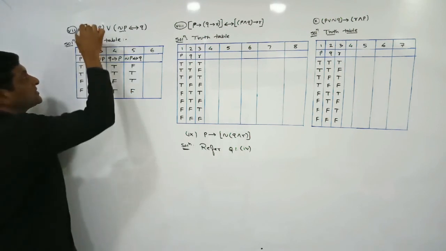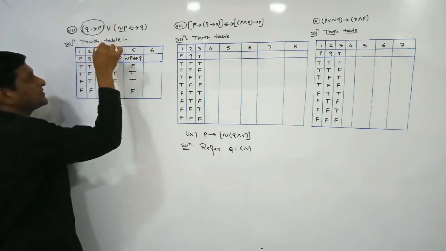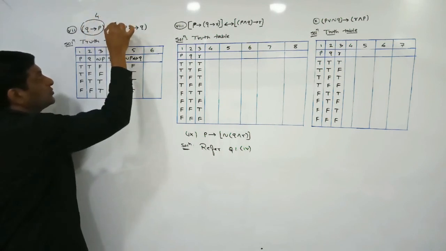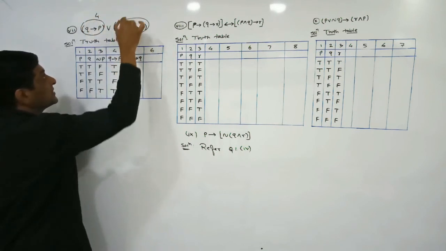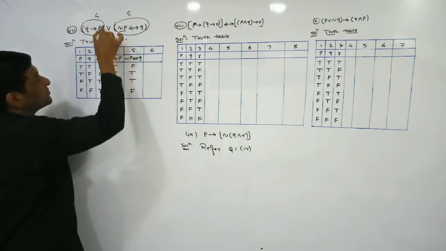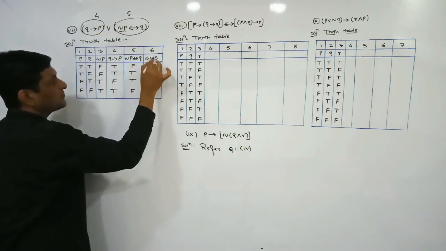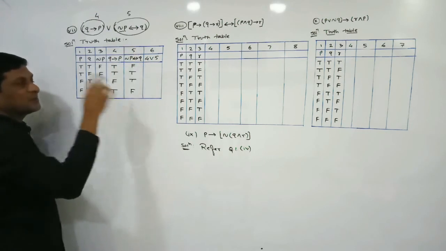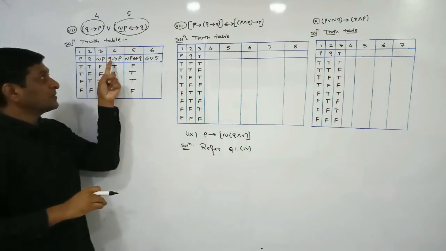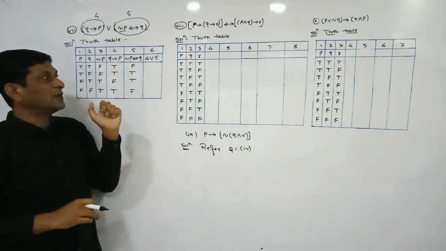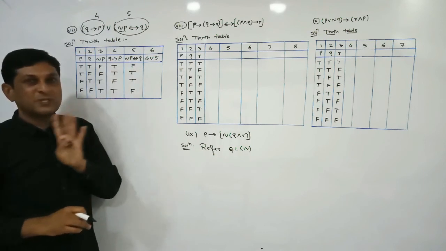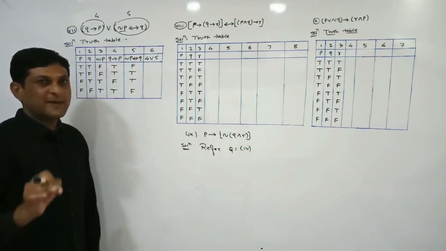So now this part appears in which column? 4, and the truth value of this second part appears in column number 5, and we have to find the 'or' of these two statements, means 4 or 5. So observe these two statements in column number 4 and column number 5. The truth values are known to us, we are just connecting these two statements by 'or'.